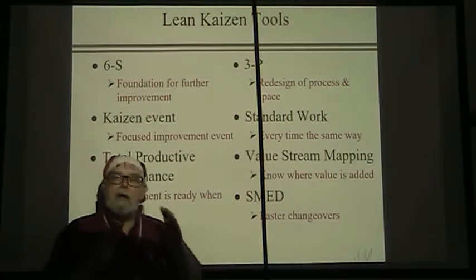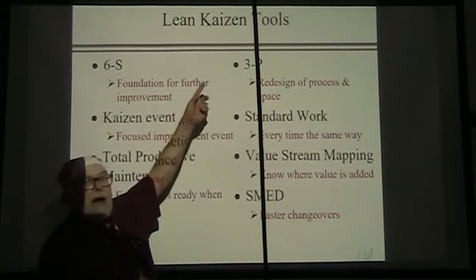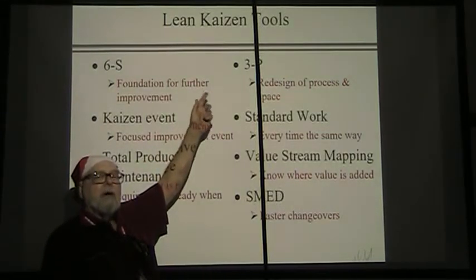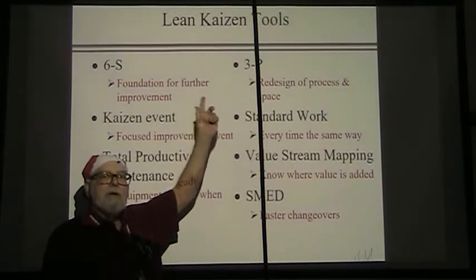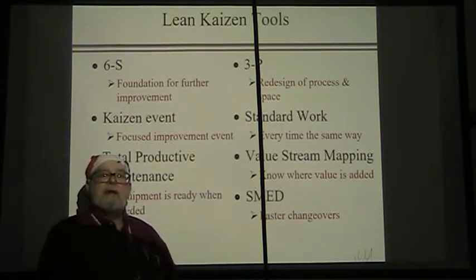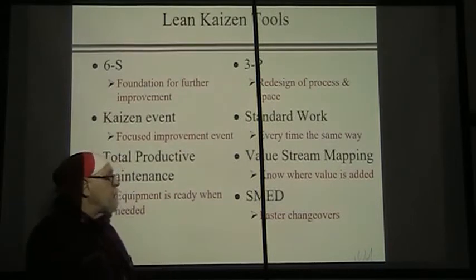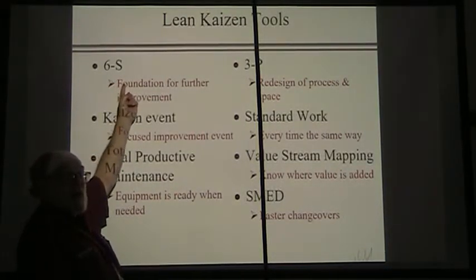All right, so in Lean, we have a bunch of Kaizen tools. Kaizen is the Japanese for make good or make better. And when I say Kaizen tools, what I mean is different kinds of Kaizen events. So the first of those is 6S.